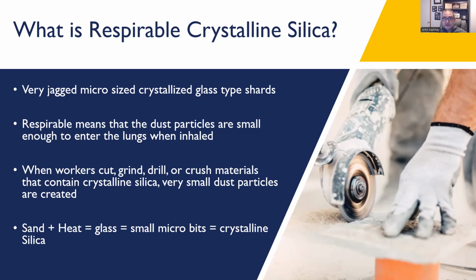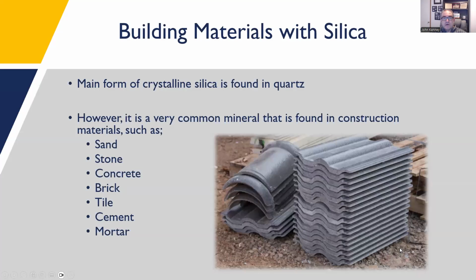When workers cut, grind, drill, or crush materials that contain crystalline silica, very small dust particles are created. Sand plus heat equals glass, and small microbits equal crystalline silica. So it is part of our production, which we find in many different products, which we're going to cover.